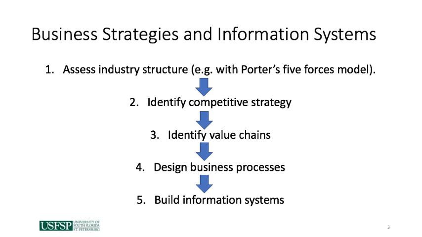Use the value chain to define business processes, networks of activities that transform inputs into outputs and thus help an organization realize its competitive strategy. And 5. Build or acquire information systems to support the business processes and help the organization cement its competitive advantage.